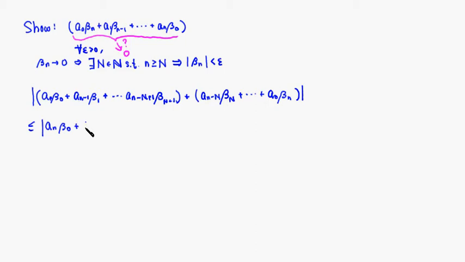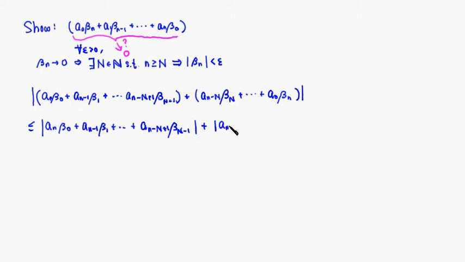So we have, say, a_{n-1} beta 1, and so on, plus a_{n-N+1} beta_{N-1}. These terms right here I'm going to split using another triangle inequality.